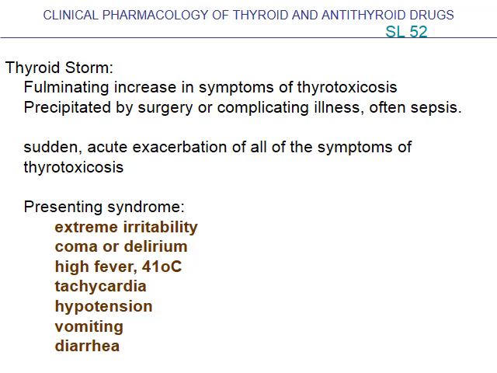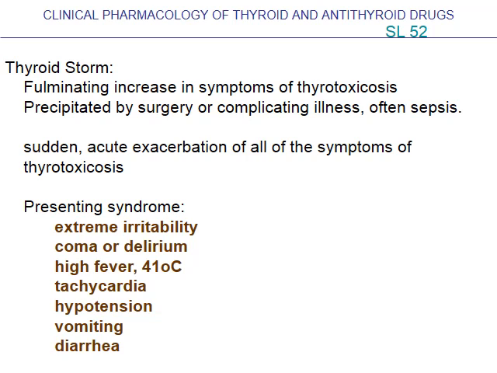A very severe form of thyrotoxicosis is referred to as thyroid storm. This is a fulminating increase in the symptoms of thyrotoxicosis, which is happening in a big way.